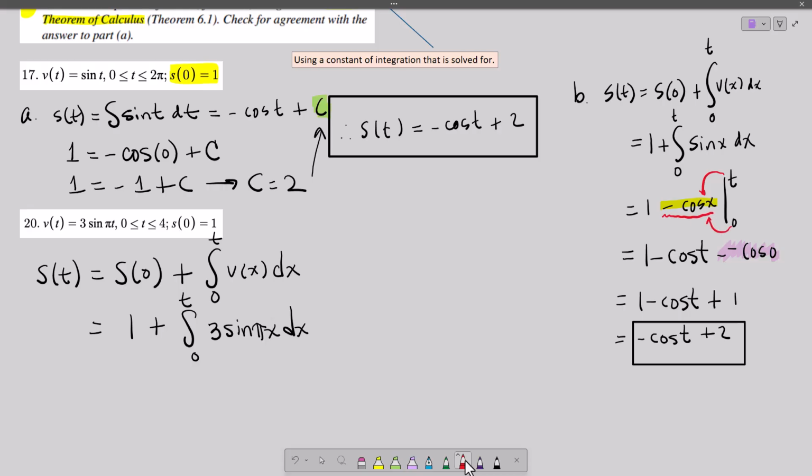That 1 is out in front, so that 1 is not part of the antiderivative. It's 1 plus that integral, because then your 1s are going to end up disappearing. Does that make sense? Anything that's outside the integral is not part of the antiderivative.